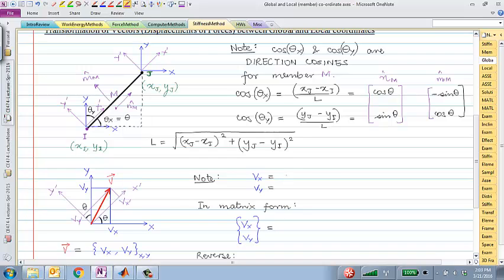So vx equals vx prime cosine theta plus vy prime times minus sine theta.